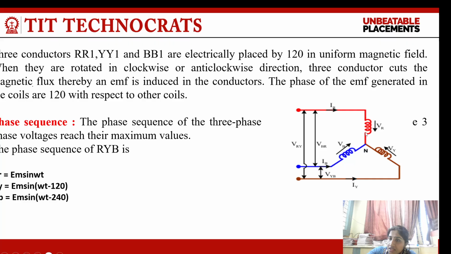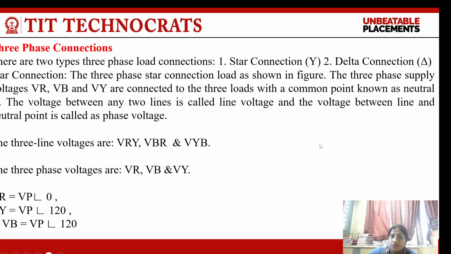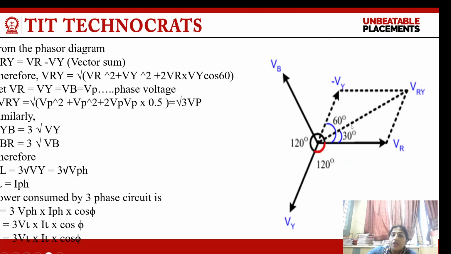Now we are going to find out the relation between phase voltage and line voltage. So we can draw the phasor diagram of the voltage. The phase voltages differ from each other by an angle of 120 degrees. If this is the origin point and we show all these as the positive magnitudes of the phase voltages, I can also extend this line and show the negative part also, as we have drawn over here.